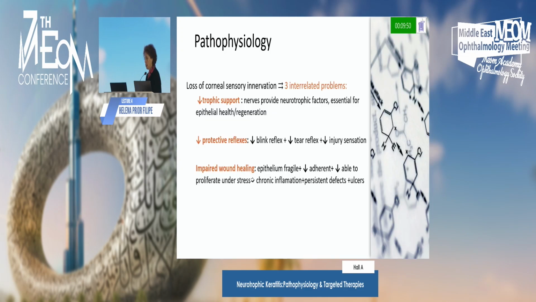So there's a loss of corneal sensory innervation that will cause three pillars of problems, these three great aspects that will lead to tragic conditions if we don't do anything to prevent or coordinate this. The first is the lack of trophic support. The nerves provide neurotrophic factors that are by themselves essential to regeneration of the epithelium.